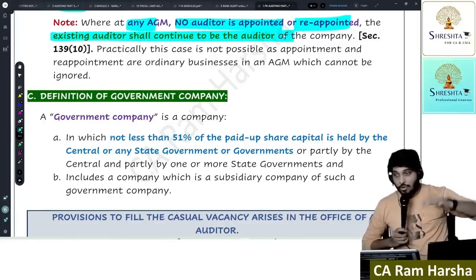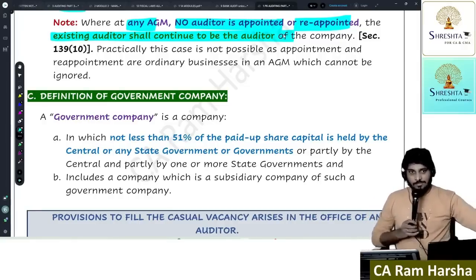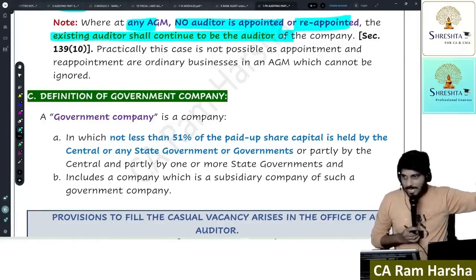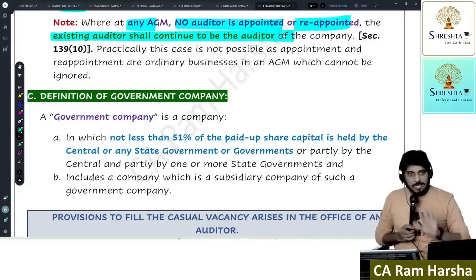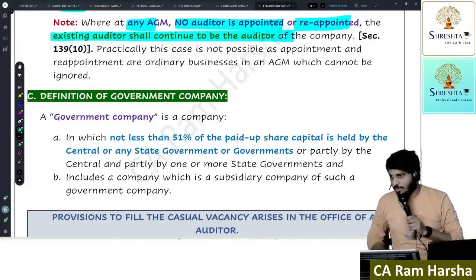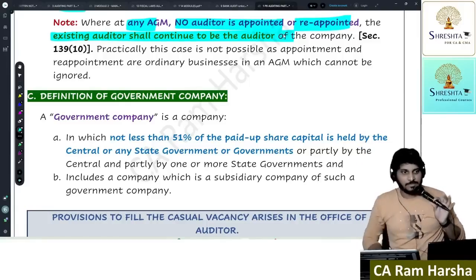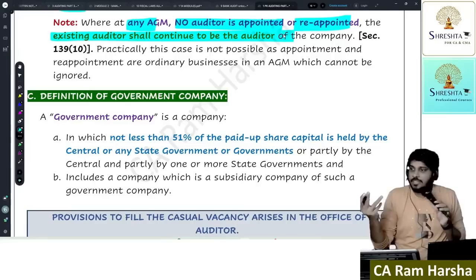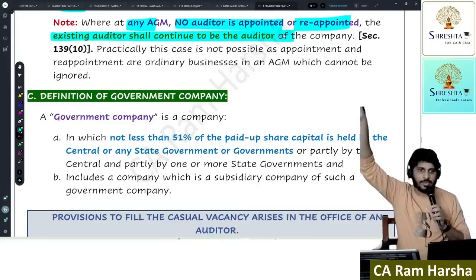Earlier, before this 2013 Companies Act, we used to have appointment every year. Only after the 2013 Companies Act did the concept of 5 years at a time appointment come. Now with the 5 years at a time appointment concept, we will not apply this provision. But still some super senior citizens setting the paper are questioning this, because they don't know the Companies Act 2013, they would not have read it. They read only 1956, they're still in that only.